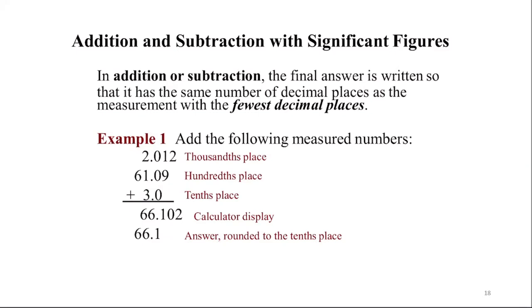So this is the reality. In addition or subtraction, the final answer is written so it has the same number of decimal places as the measurement with the fewest decimal places. And understand that when it comes to fewest decimal places, it can be no decimal places.